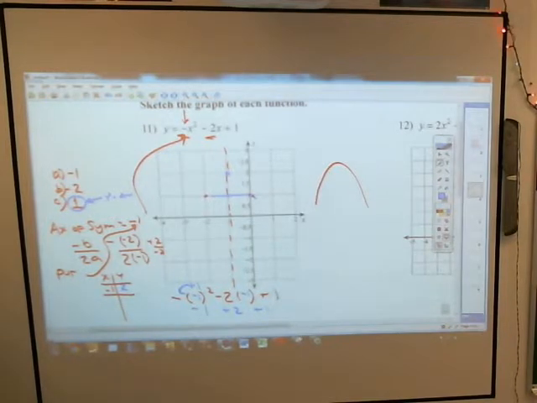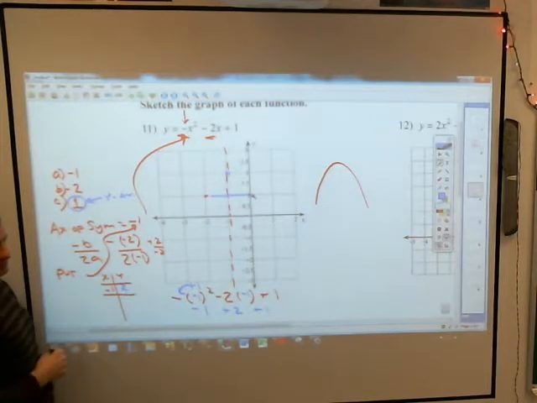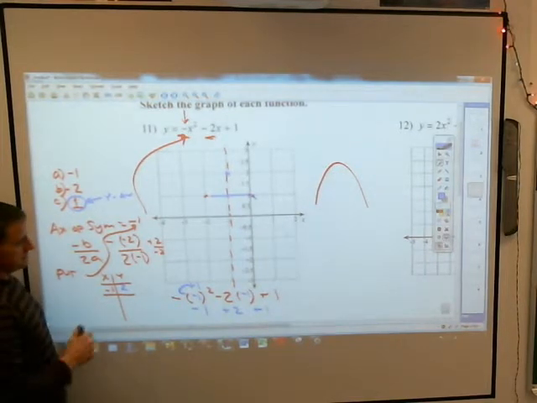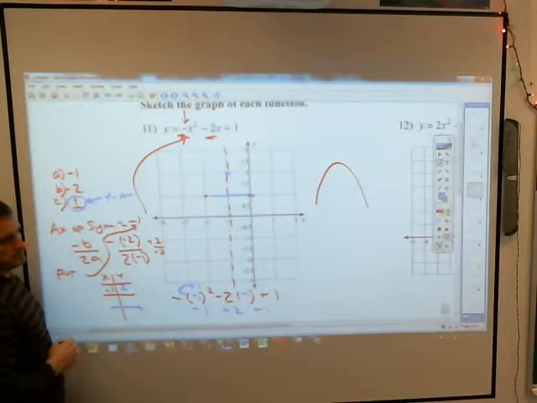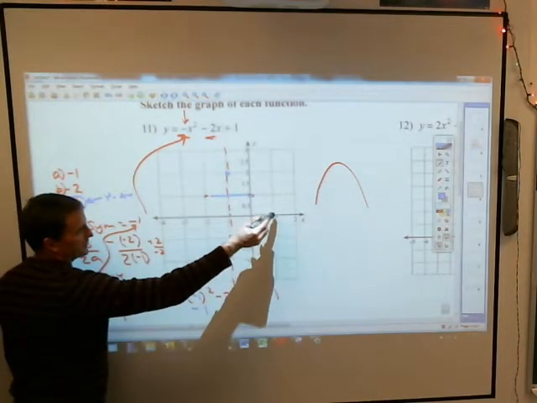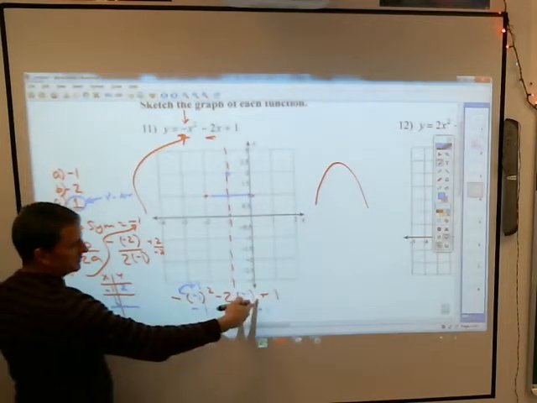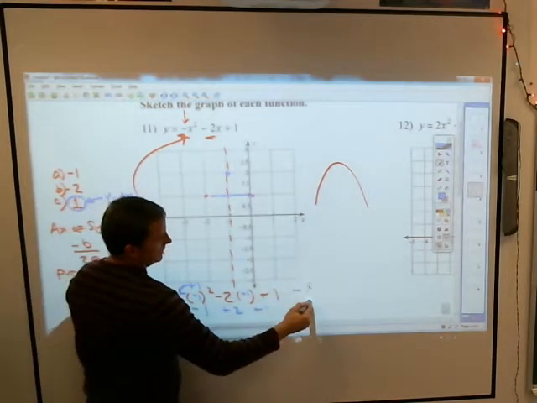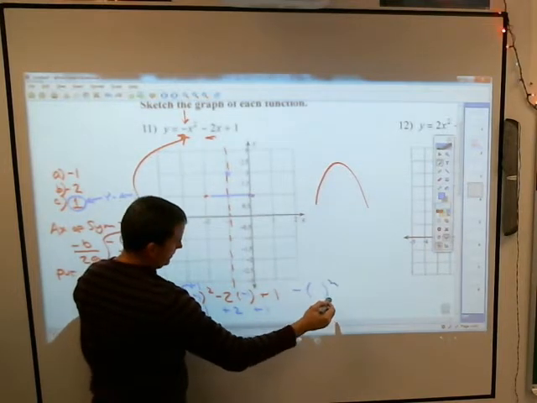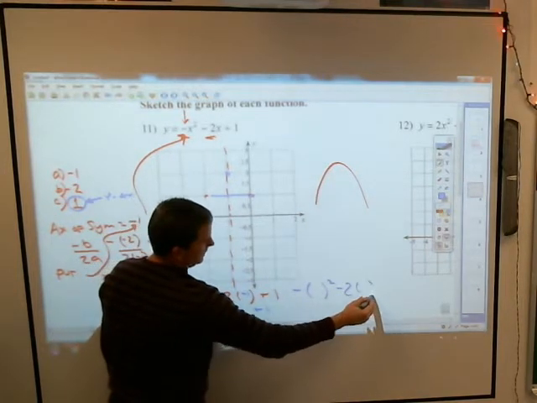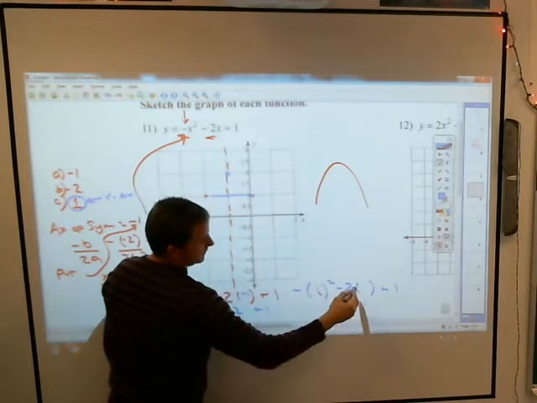Jason, what am I going to pick and why? What's a logical next point to pick? One. Sure. I would go with 1 because it's positive and you know it's going to be close to whatever's there. So you're going to put 1 into this whole thing just like you did with negative 1. Negative x squared minus 2 times x plus 1. I'm putting 1s in there this time.